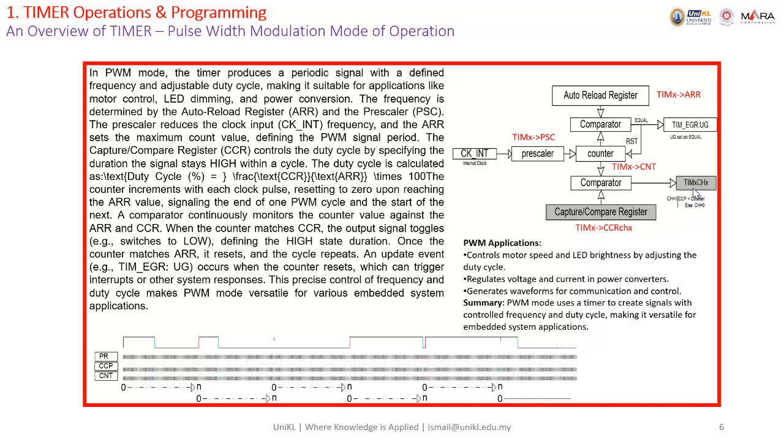Okay, got the idea? If I set CCR to 0, the output becomes 0. If I set CCR to 100, while the counter is less than 100, the output is 1. Whenever the counter reaches 100 and equals the capture compare register, which is 100 too, the output becomes 0. Say our auto reload register is 1000.